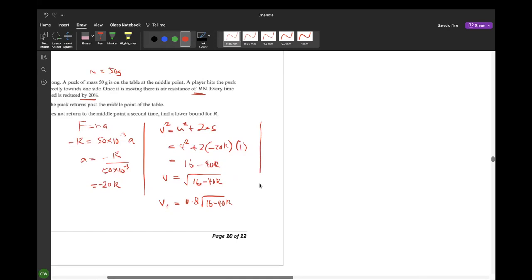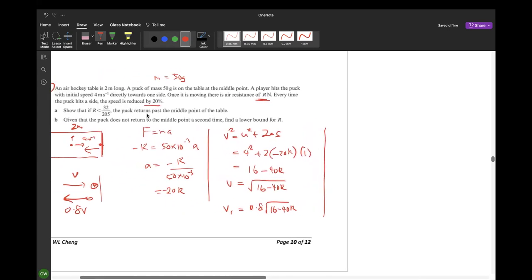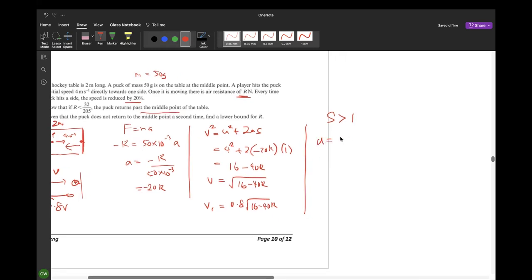So if we need to pass the midpoint, what is the distance traveled from here to here? Also 1, right? It needs to be at least more than 1 when it bounces back. So this becomes the initial speed.